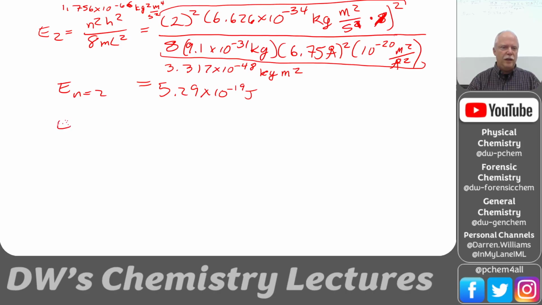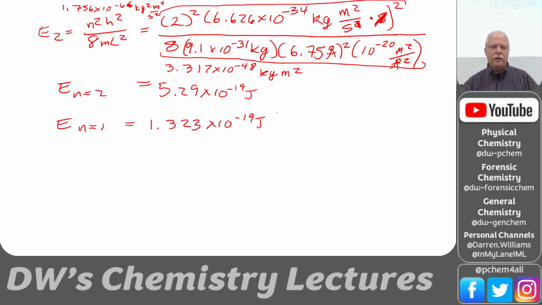Then E for n equals 1 will be 1/4 of that, 1.32 times 10 to the minus 19 joules. So those are our 2 energies.